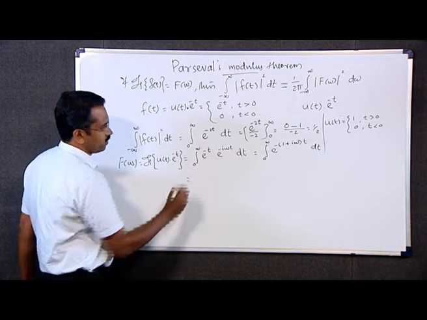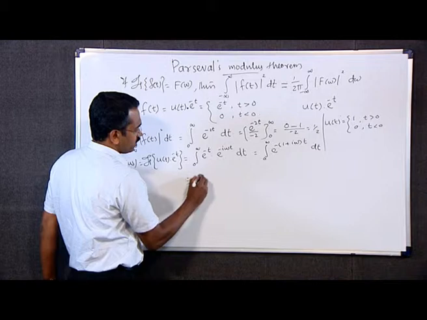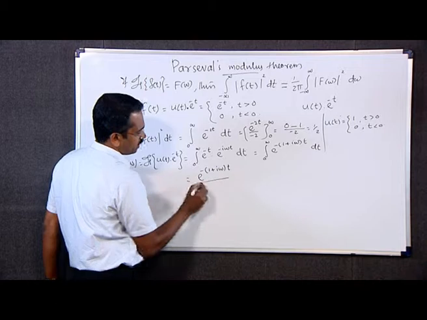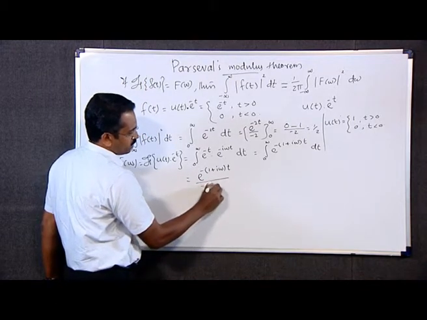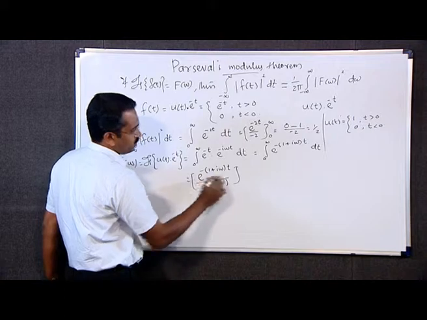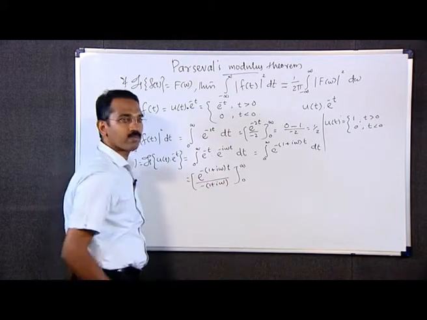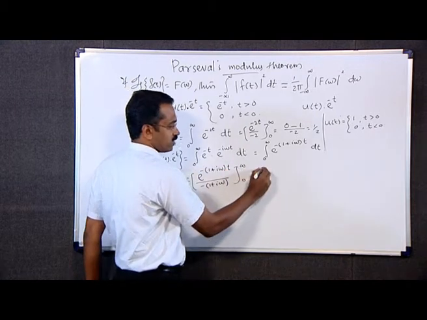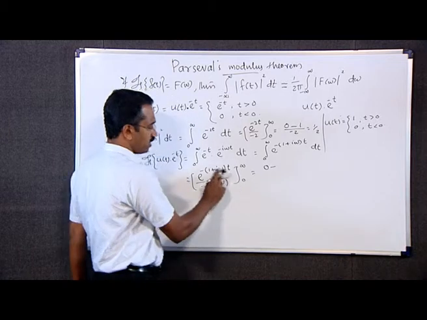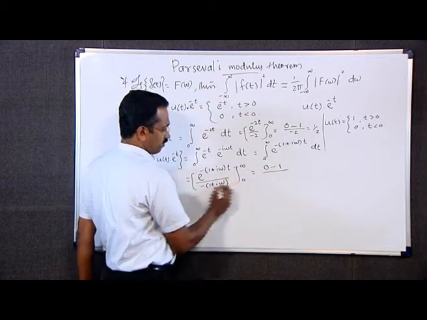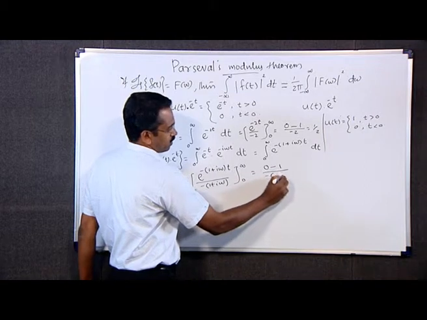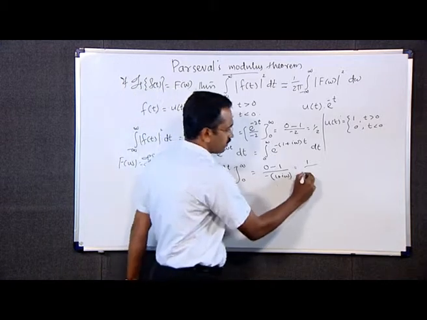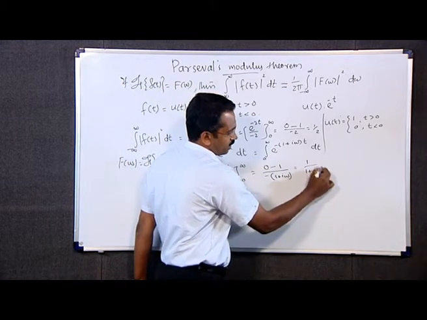That is, on integration we get e raised to minus of 1 plus i omega t divided by minus of 1 plus i omega between the limits 0 and infinity. That is, when t tends to infinity, this term will tend to e raised to minus infinity, that is 0, minus, when t equal to 0, it is 1 divided by minus of 1 plus i omega, that is 1 by i omega plus 1 or 1 by 1 plus i omega.